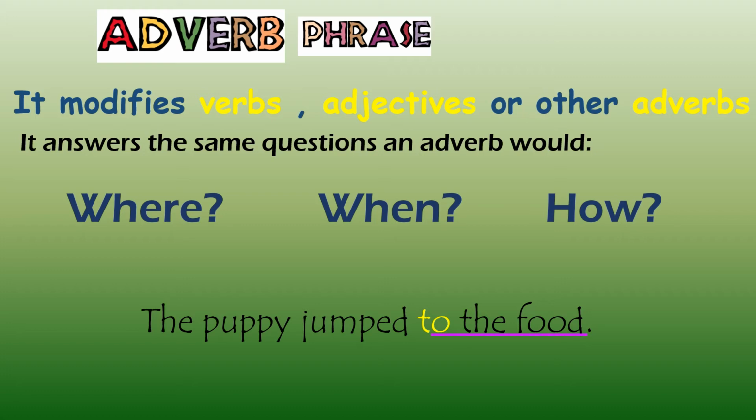Exactly, to the food. Look at the word behind it. Jumped. Jumped is a verb, right? That's why to the food is an adverb phrase that modifies the verb. It tells where the puppy jumped.